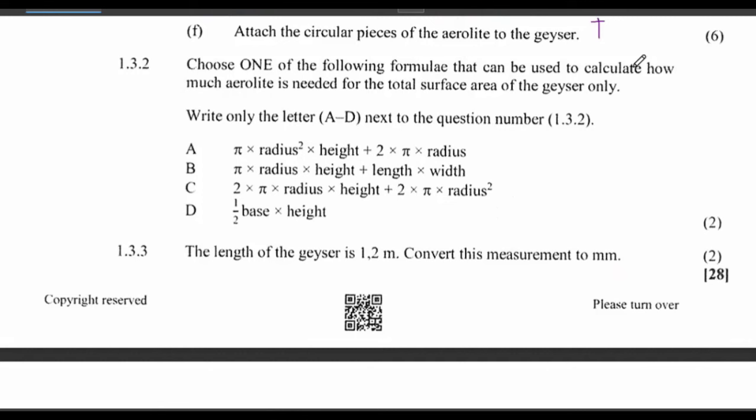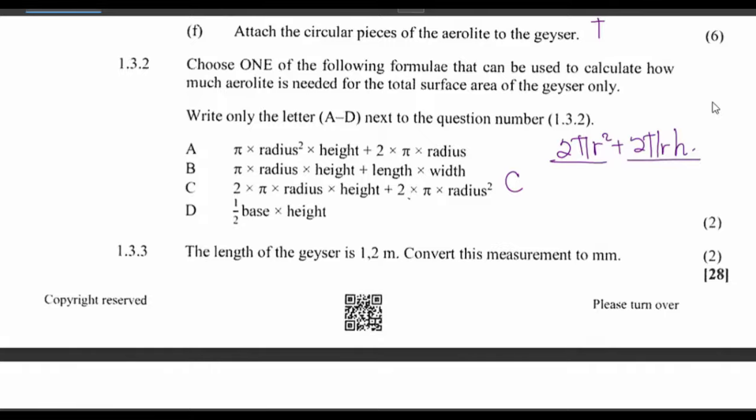Choose one of the following formulas used to calculate the surface area. It's supposed to be C. Remember, we say 2 pi r squared plus 2 pi r.